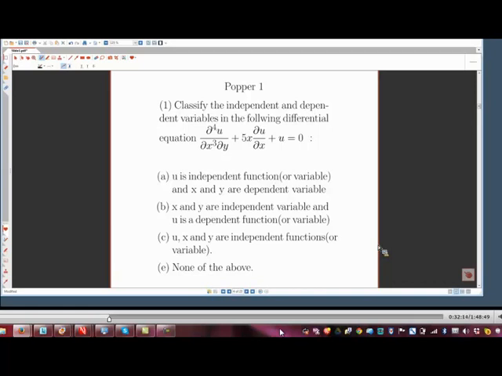So you have to classify, you have to tell the independent and dependent variables, and you just save and submit.